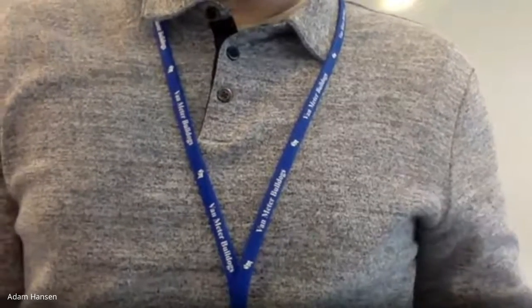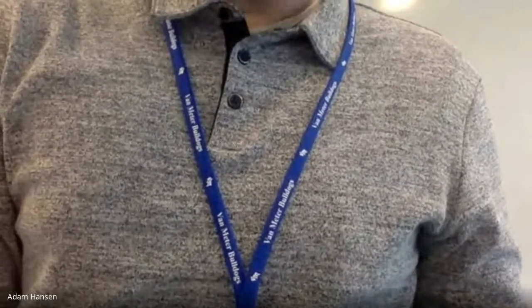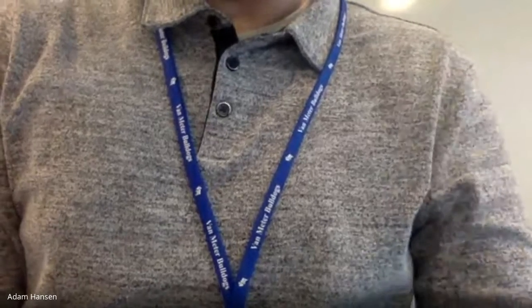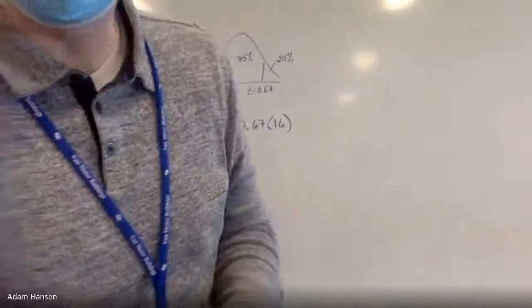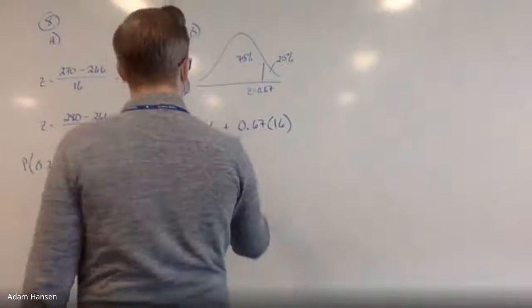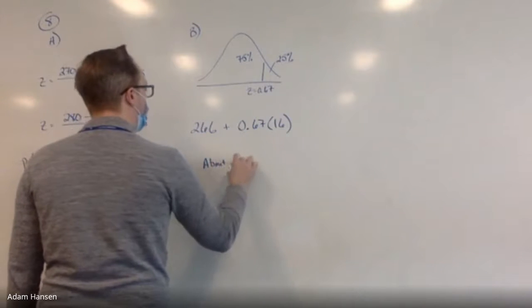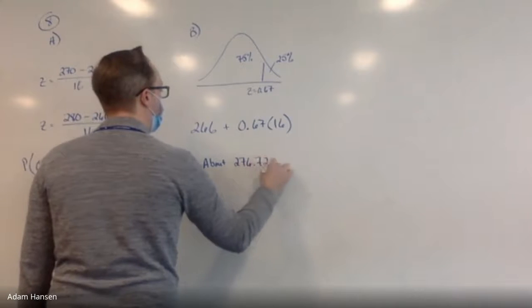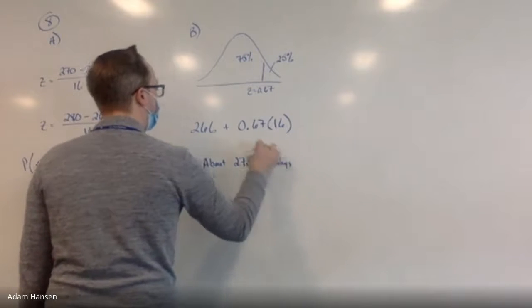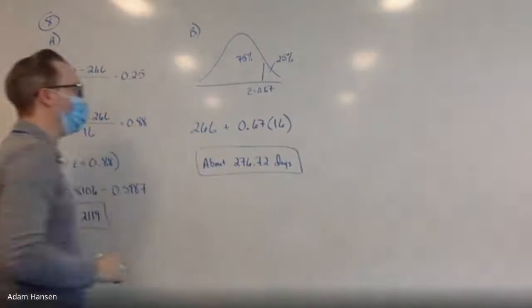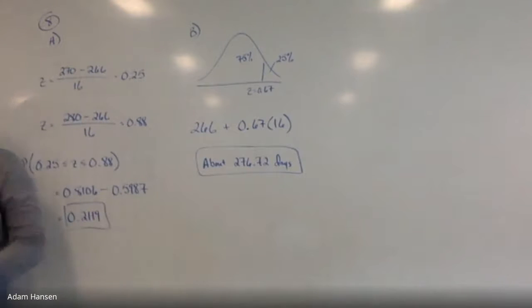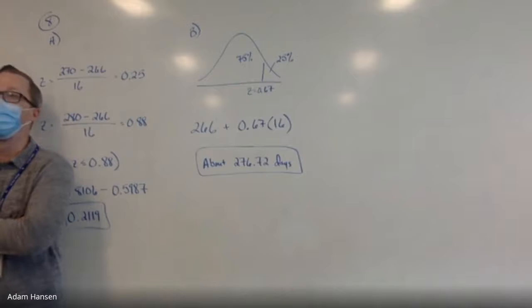I got, no, that's not right, 0.67. Got the wrong number. About 276.72 days. The top 25% of all pregnancies last about 276 days.